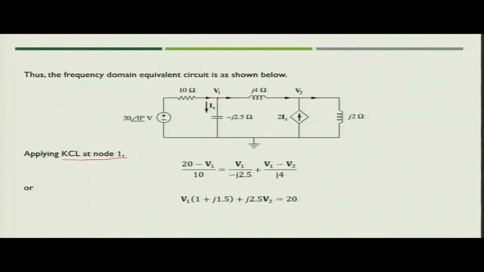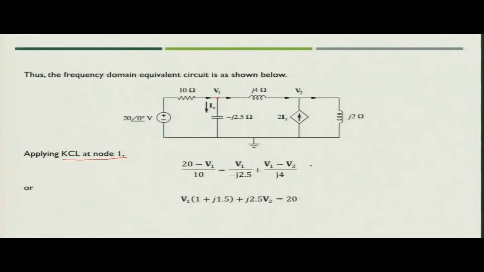The current direction is on this side, going inside the node, and the other two currents are going outside the node. So, we can write that (20 minus V1) divided by 10, the value of current going inside the node, equals V1 upon minus j 2.5, that is the value of Ix, plus (V1 minus V2) upon j 4.